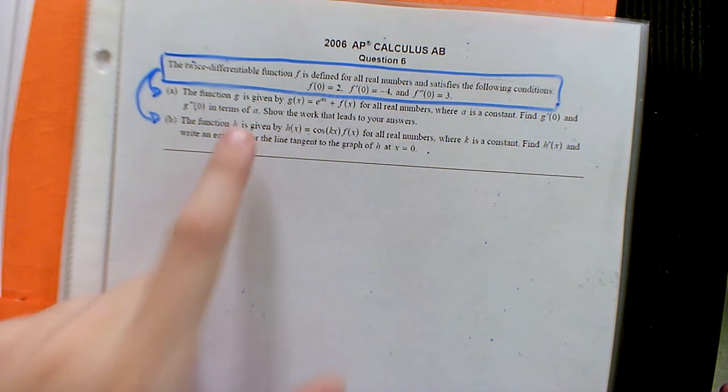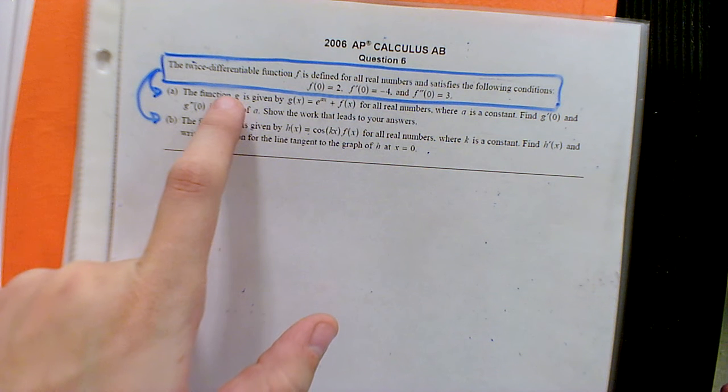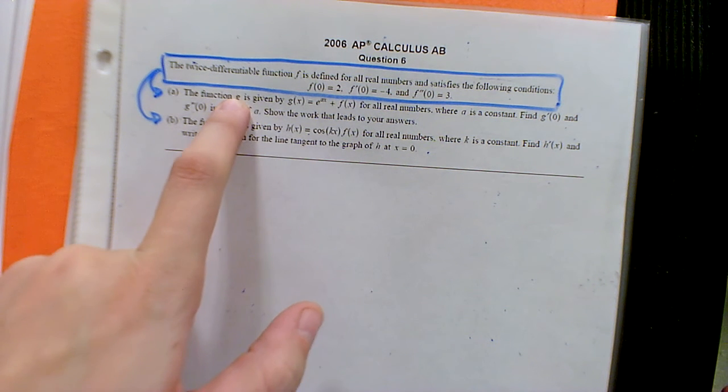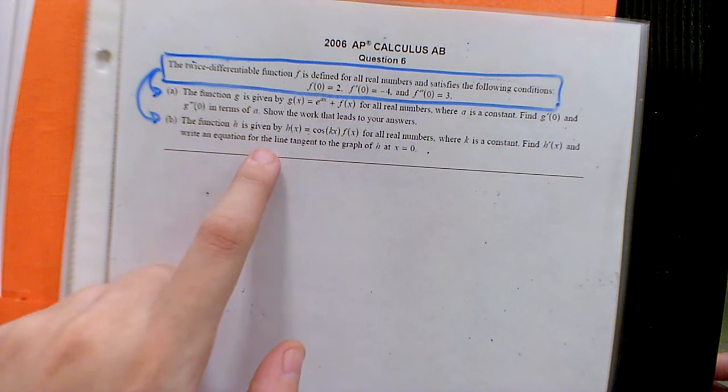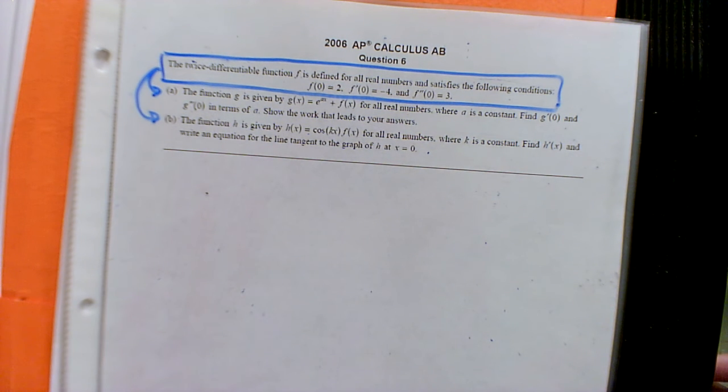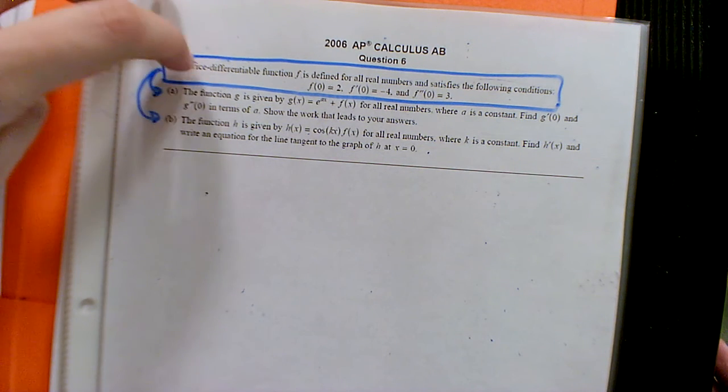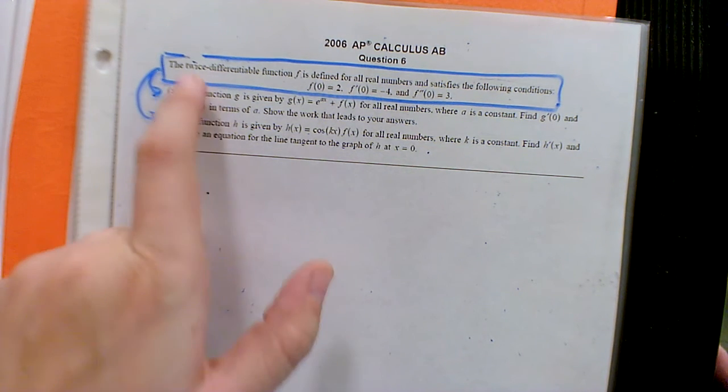However, if you determine something from part A, that might not be able to be carried to part B or part C. You know what I mean by that? Just because you get an answer from A doesn't mean you can use it for B. Sometimes you can, sometimes you can't, but you've got to be careful. The only information that applies to everything is just what's at the top. So let's take a look at what we have here.